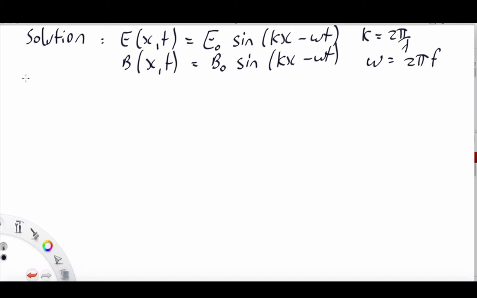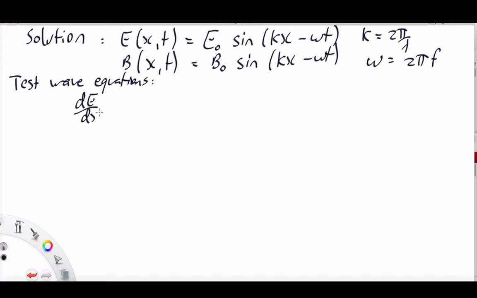So let's test the equations that we got back over the page. To do that, we need d²E/dx² and d²E/dt². And if we can prove it for electric field, we'll know it'll be true for magnetic field.